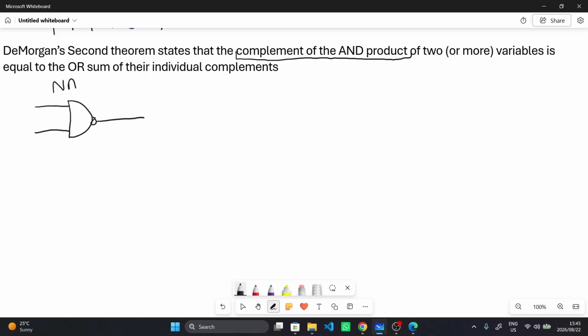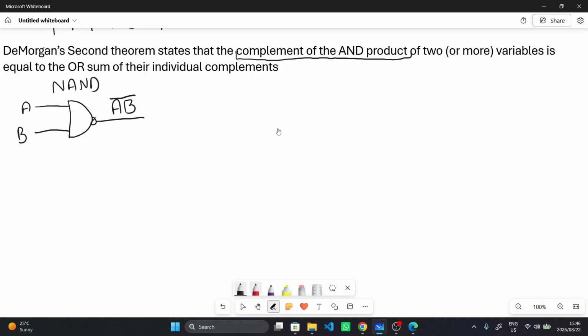So this is our NAND gate. So we have our input A and B, right? And then our output will be A times B complement. And as you can see, it's A times B complement.